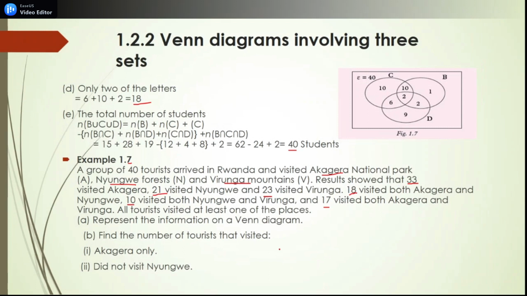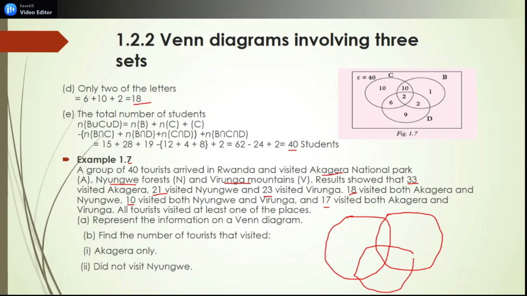When you represent those elements in the Venn diagram of 3 sets, as here you see, we represent those elements from the intersection of 3.